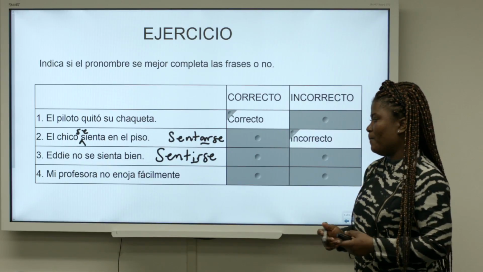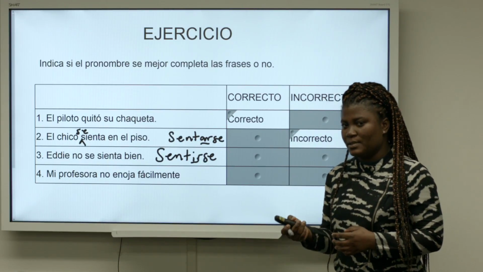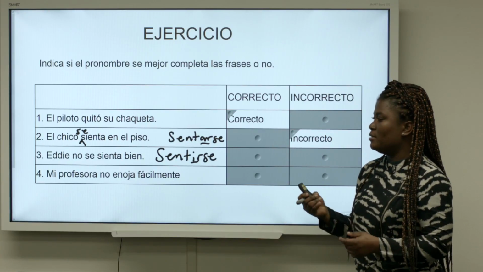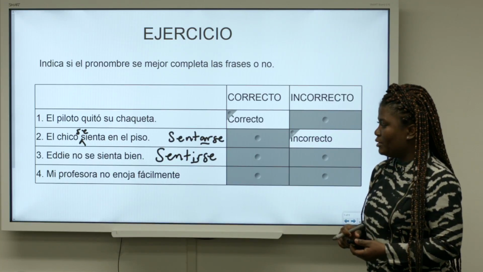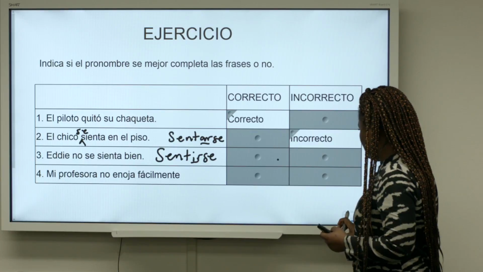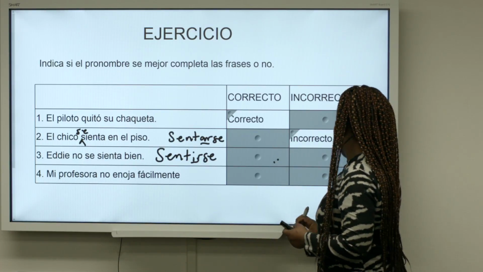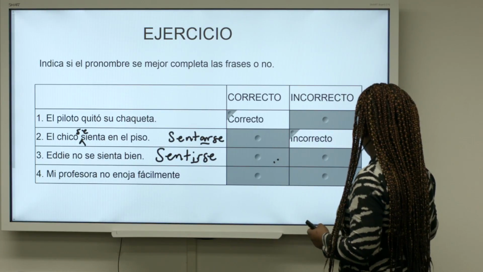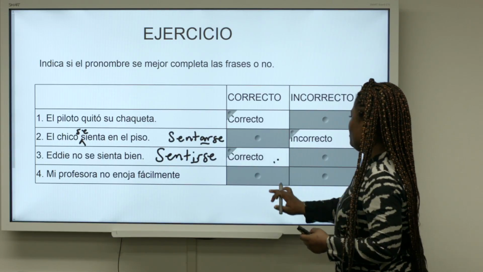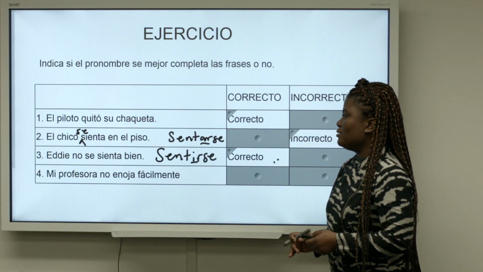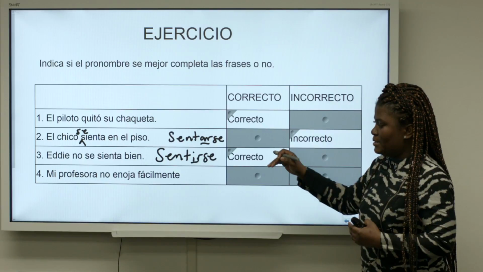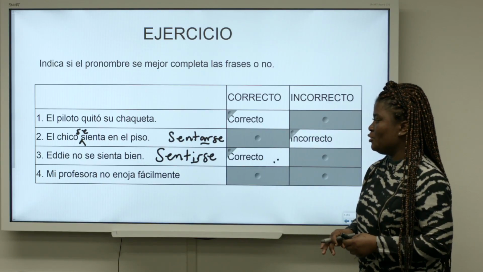Eddie no se sienta bien. So Eddie is the subject of the sentence, the one who receives the action of the verb sentir, which makes the sentence correct. So Eddie is not feeling well. The verb sentirse is the right verb to use.